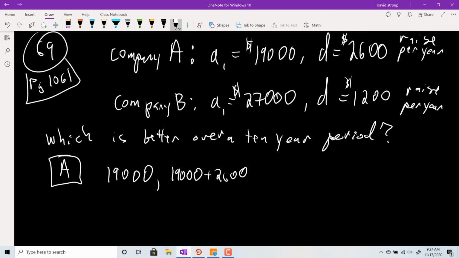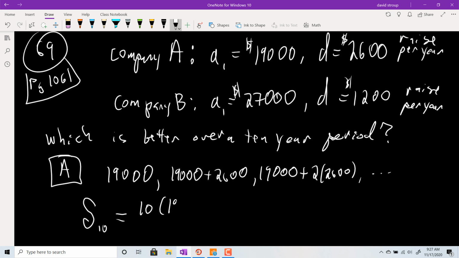And then a sub 3 is 19,000 plus 2,600 plus 2 times 2,600, etc. Add that up. So S sub 10 is what we're after, and that'll be n, which is 10, times a sub 1, which is 19,000, plus a sub 10.